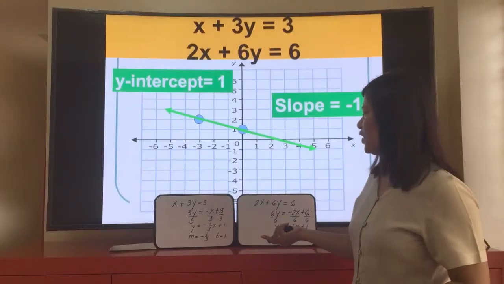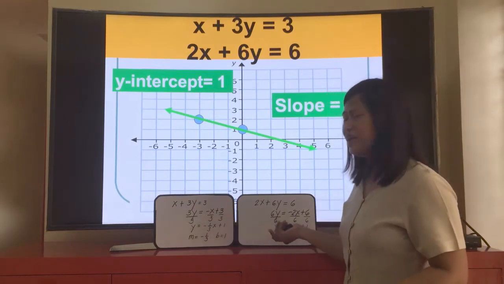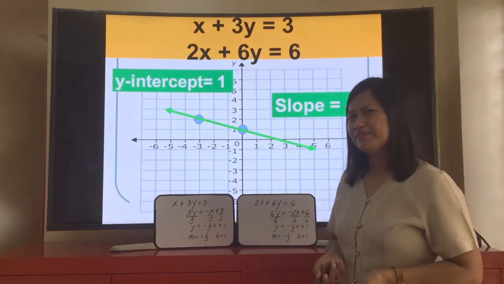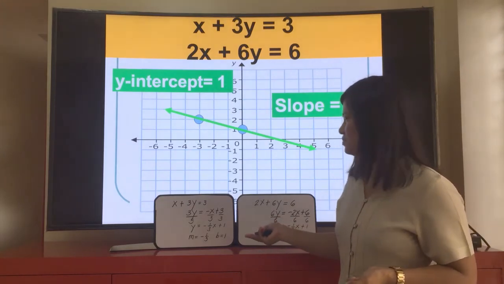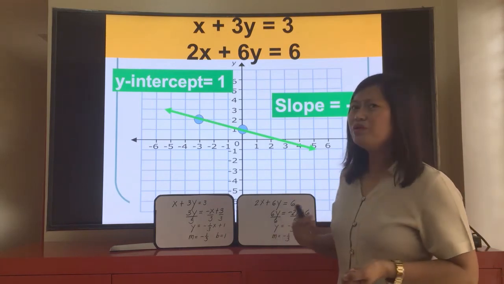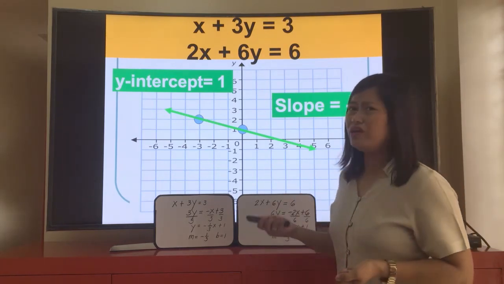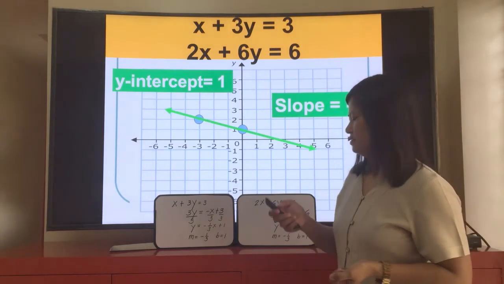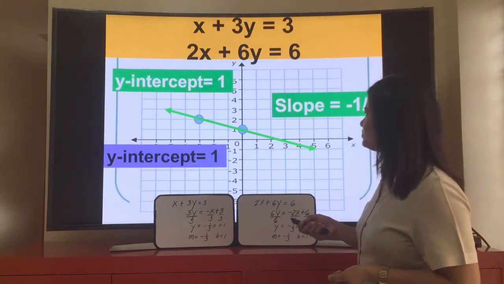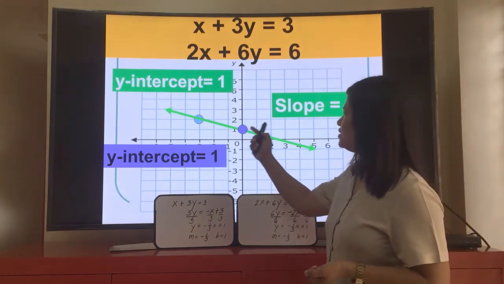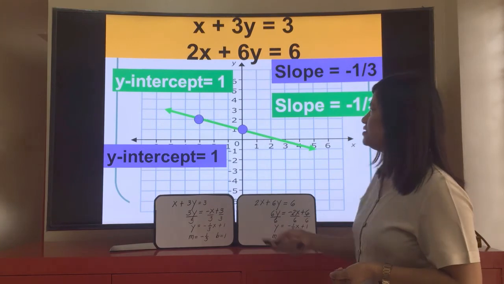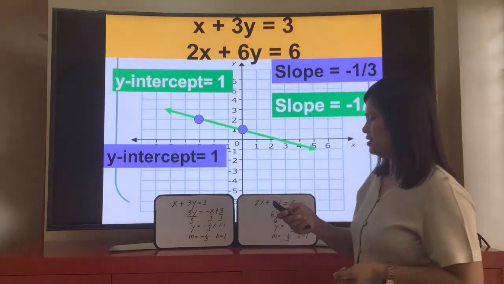What do you notice about the slopes and y-intercepts of equation 1 and equation 2? Yes, we have the same slope and the same y-intercept. So where will be the graph of equation 2? Let's see. The y-intercept, so we have here also the point. And so with the second point.